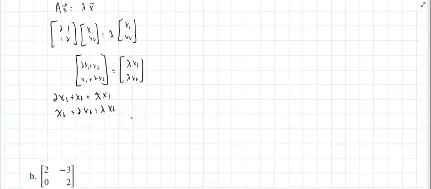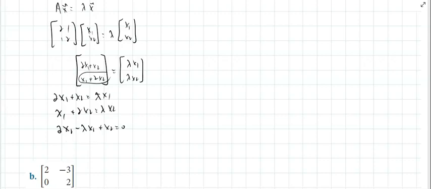And I could do it right or left, it doesn't matter. I could do 2x1 minus lambda x1 plus x2 equals 0. And I could do x1, apologies, that's x1 plus 2x2.